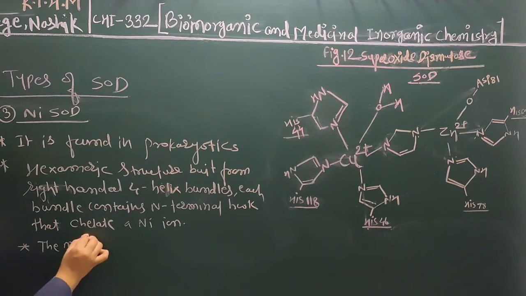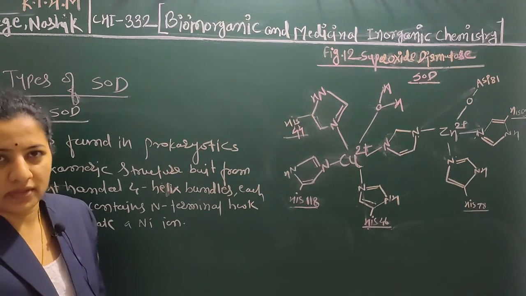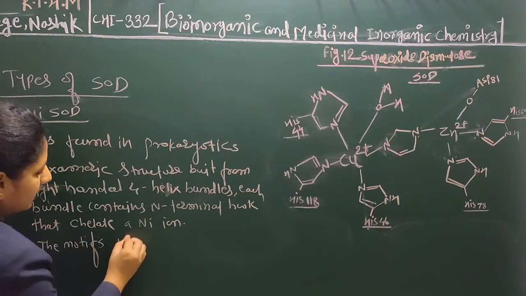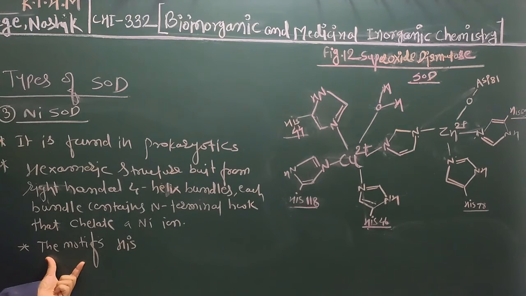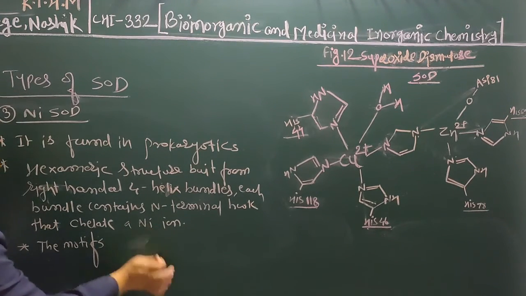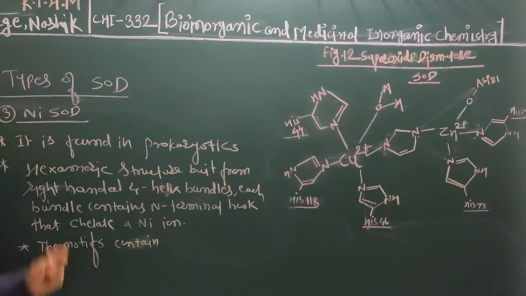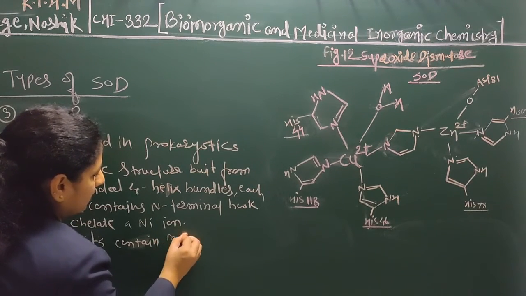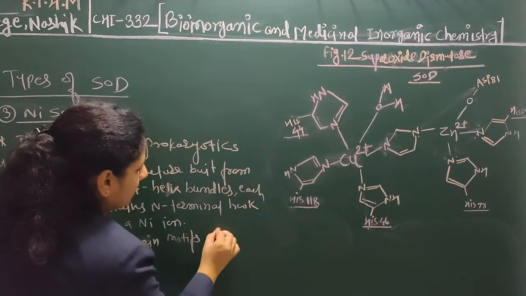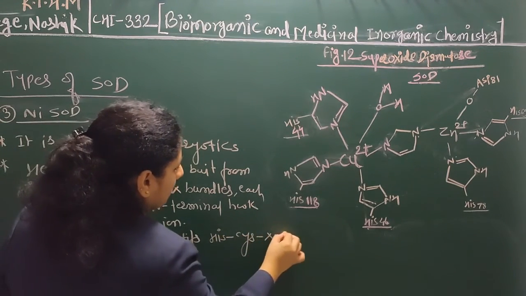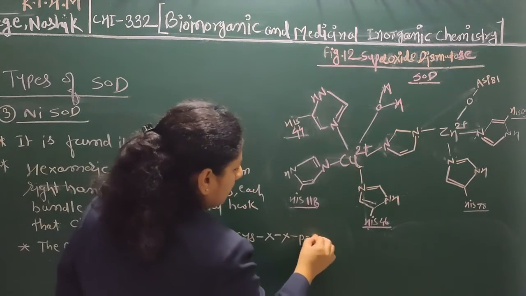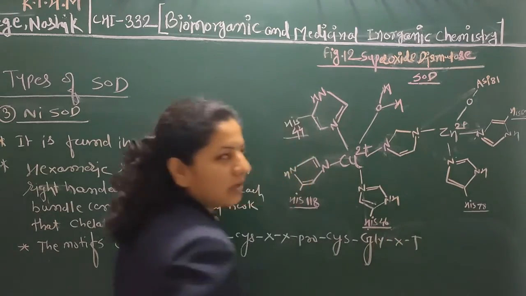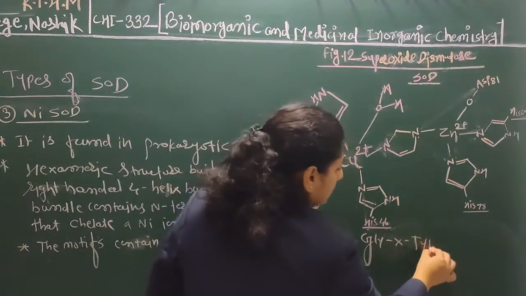Motifs means the protein fold. The motifs contained in this superoxide dismutase are histidine, cysteine, cysteine, cysteine, lysine, and the last one, that is a tyrosine.